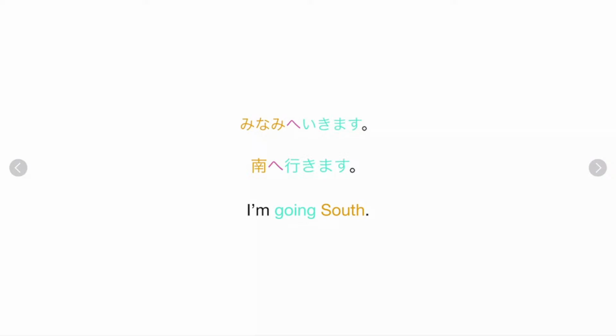If you used an abstract location rather than a definite location like Tokyo, if you just said the south, which is minami, then you would say minami e ikimasu. So e is less common. You can use ni as well here. You can say minami ni ikimasu. It's not incorrect to use ni.